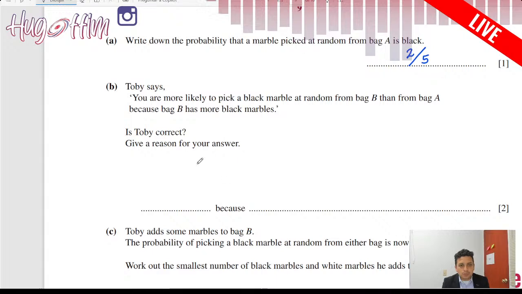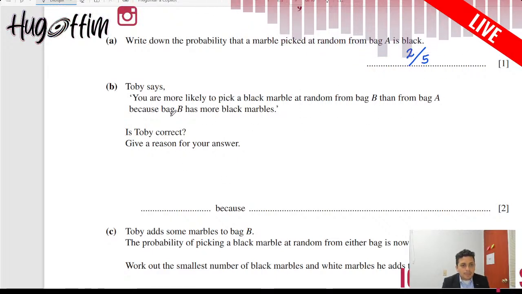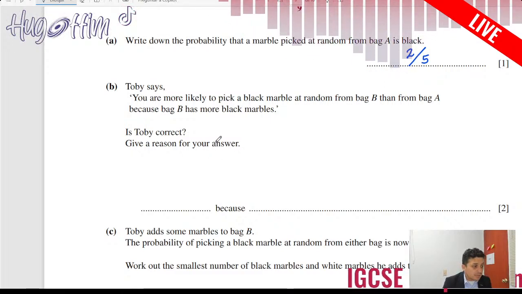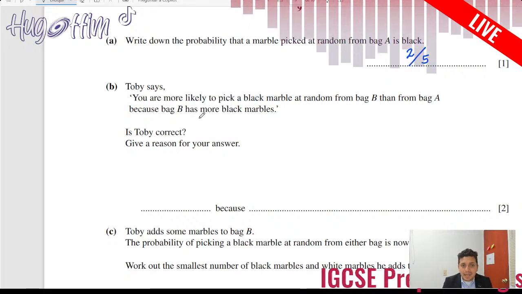Toby says you're more likely to pick a black marble at random from bag B than from bag A because bag B has more black marbles. Is Toby correct? Give a reason for your answer. Here you can answer directly if you want, or you can calculate the probability of getting black marbles.